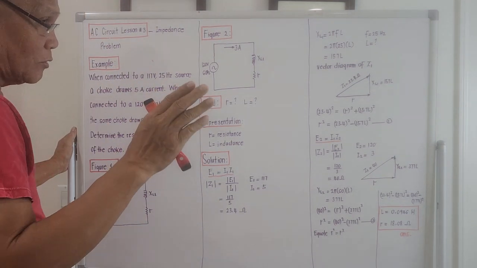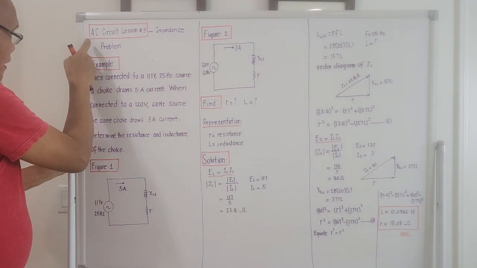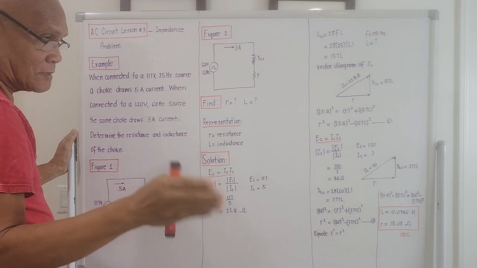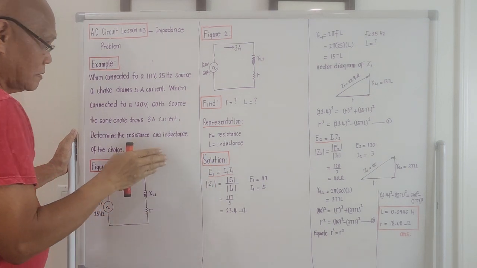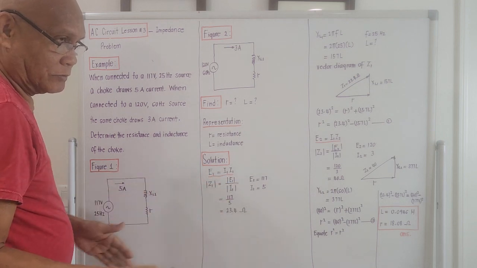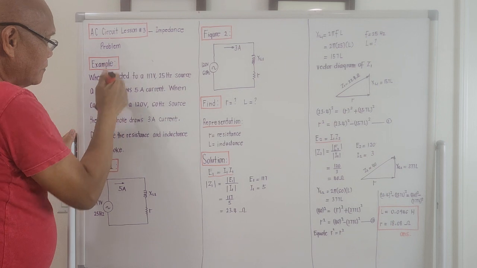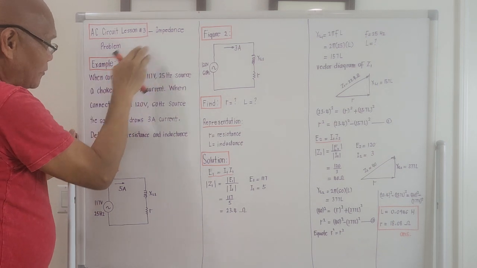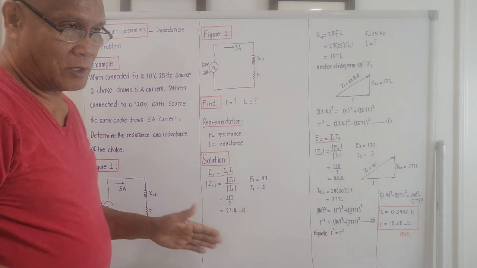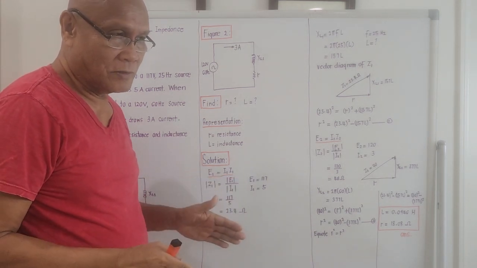This is AC circuit lesson number 3, a continuation of lesson number 2. The topic is an example of an impedance problem, an application of the concept of impedance.